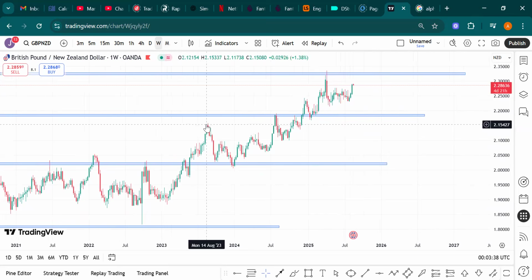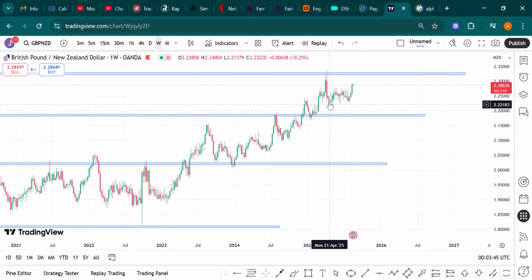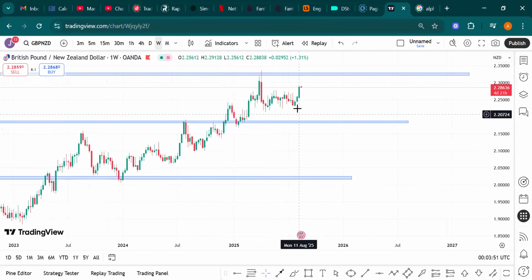So we have a higher high, higher low, higher high, higher low, higher high, higher low, higher high. The market made a higher low and went into a range. And from the big bullish candle we saw on the monthly time frame, you can see that for the past 3 weeks, 1, 2, 3, the bulls have been pushing the price away from the range it went into.